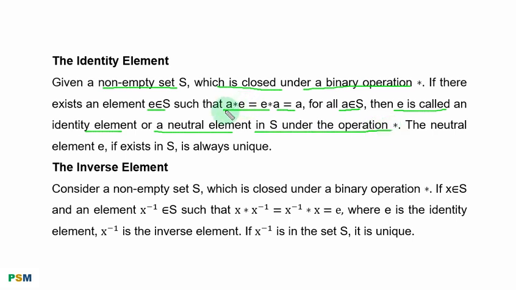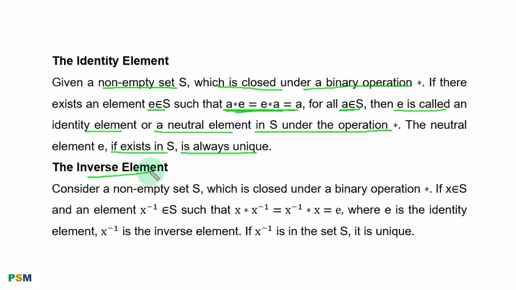So here you do a kind of closure property and ensure that it is equal to the element A, which is a member of the given set. The neutral element E, if it exists in S, is always unique.